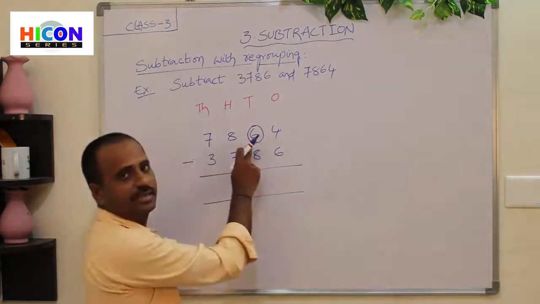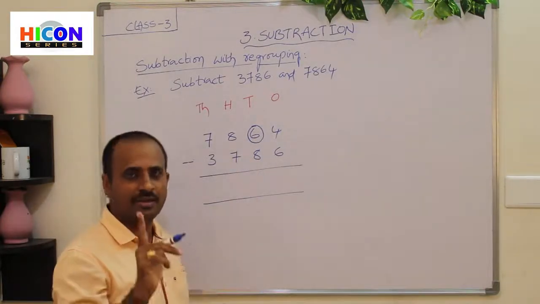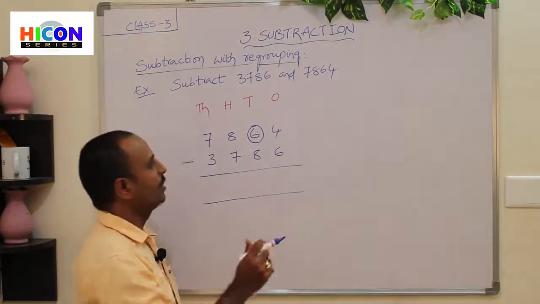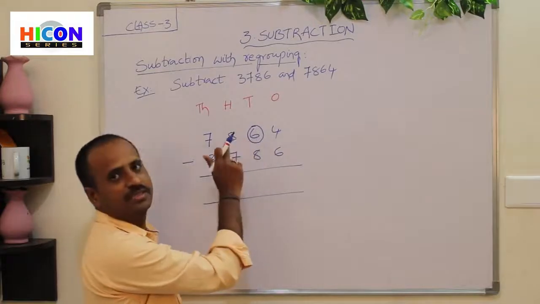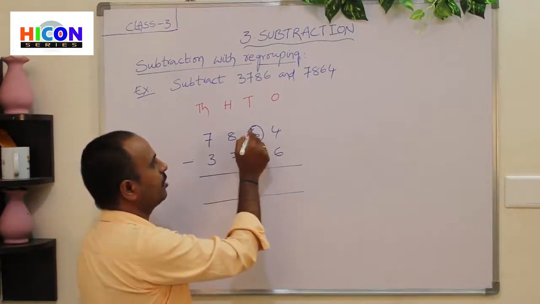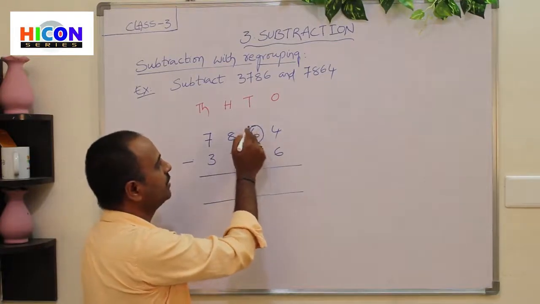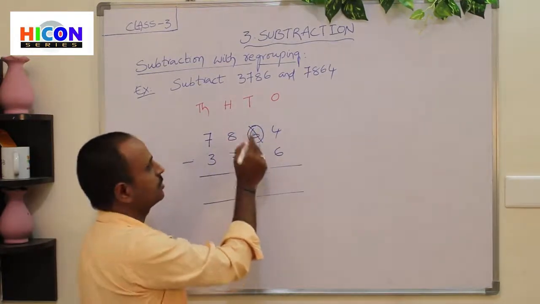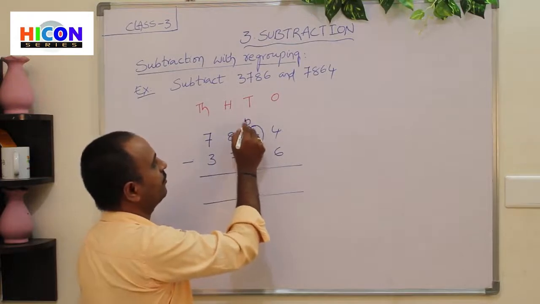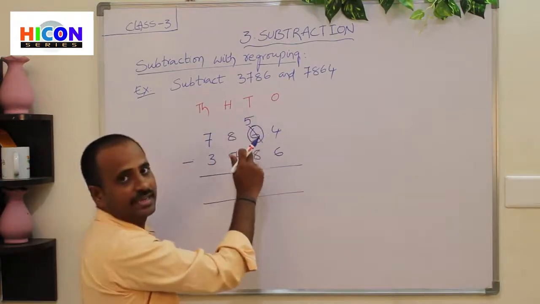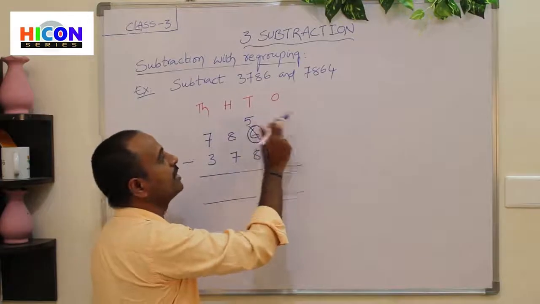So we have to borrow 1 ten from the 6 tens. If we borrow 1 ten, how many tens will be there? 5. So strike off the 6 and write 5 here.